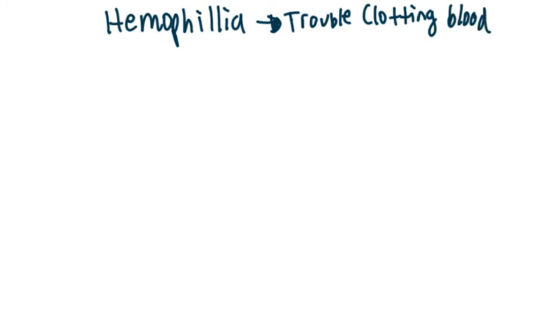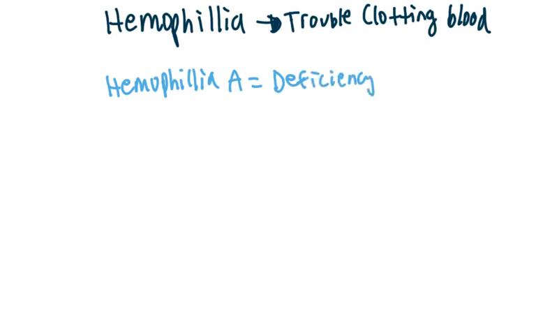In the three types of hemophilia, specifically hemophilia A, B, and C, hemophilia A is associated with a factor VIII deficiency. Those random dots keep appearing, I don't know what to do. So hemophilia A is associated with a deficiency in factor VIII.